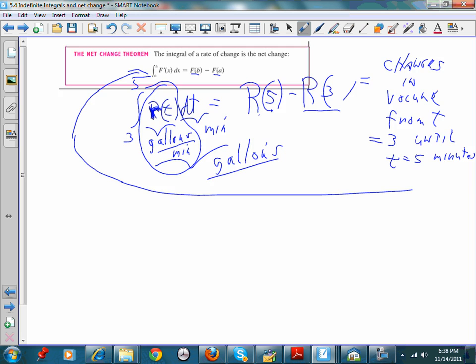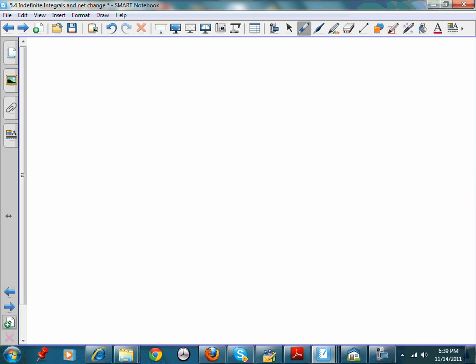Let's go to, look here. Say we'd integrate from 2 to 8, and we're going to integrate v prime of t dt. Now, the v is the velocity. So what would be the derivative of velocity with respect to time?